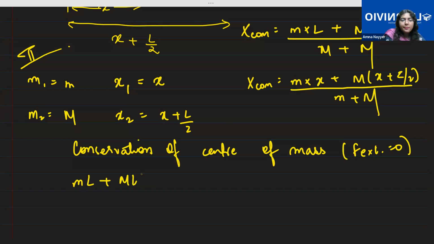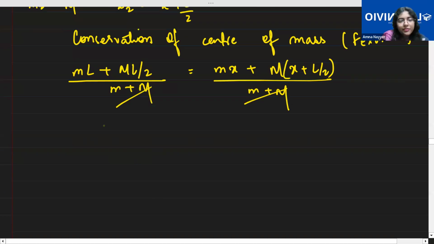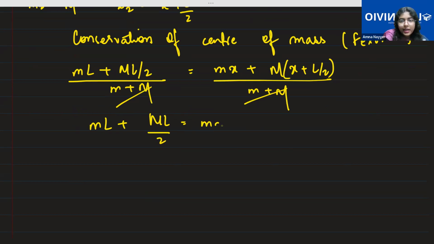ml plus ML by 2 over small m plus capital M is equal to mx plus M into x plus L by 2 over m plus capital M. See, the denominators will be cancelled from here. So from this edge, ml plus ML by 2 is equal to mx. Let's open up the bracket here: mx plus Mx plus ML by 2.